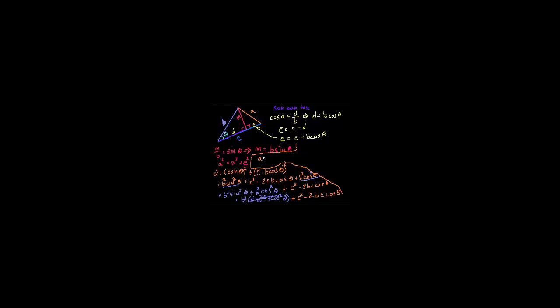A squared is equal to, this term just becomes 1, so we're just left with b squared plus c squared minus 2bc cosine of theta. That's pretty neat. And this is called the law of cosines.